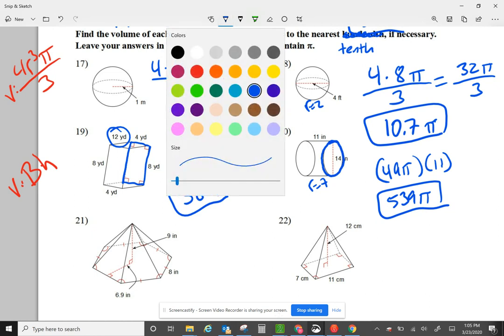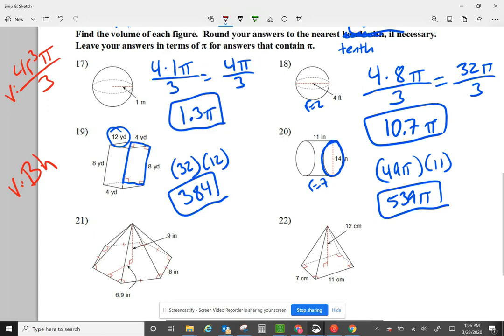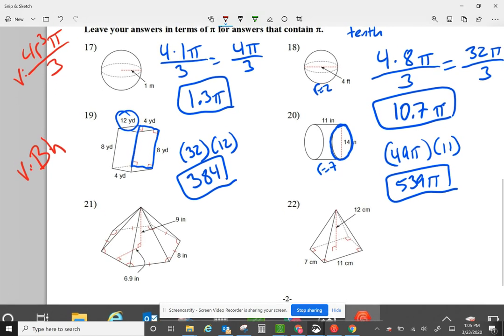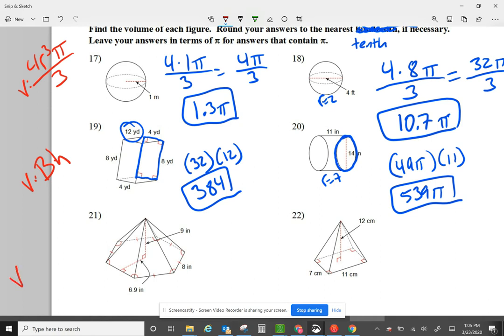Then we also talked about the volume of pyramids and cones. The volume of a pyramid and a cone was the area of the base times the height divided by 3. So let's take a look at number 21. The base, as I can see, is this polygon. It has 6 sides.